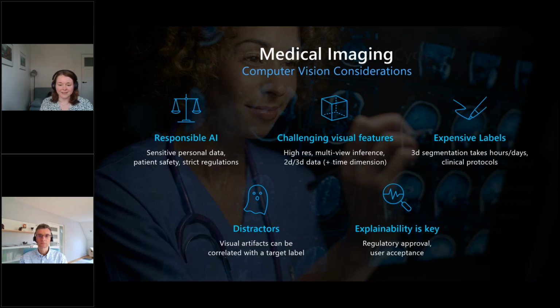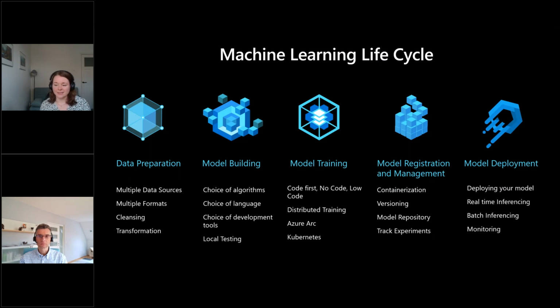So with that, taking all of these challenges into account, we can create this end-to-end machine learning lifecycle that we can use to train and deploy our machine learning models, and make sure that we can have an impact with the machine learning that we do on our use case. This lifecycle would start with data preparation, where we are collecting the data, cleaning it, and maybe applying some transformations that are necessary before working with it.